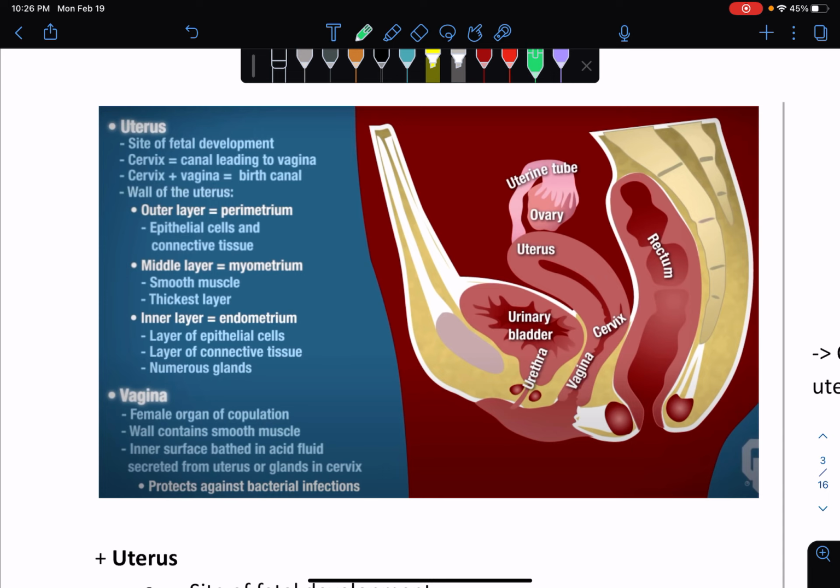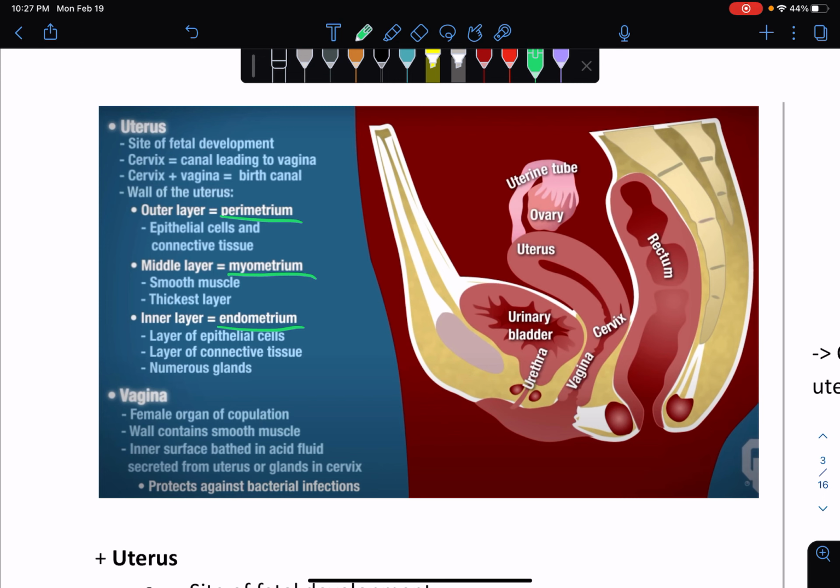For the walls of the uterus, we have three. The outer layer is called the perimetrium, the middle is the myometrium, and the inner, where there is shedding during menstruation, is called the endometrium. The endometrium is the innermost layer of the uterus.